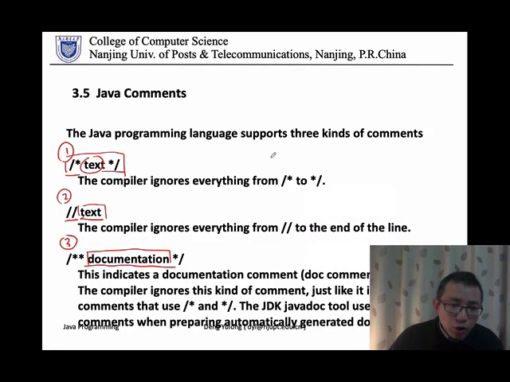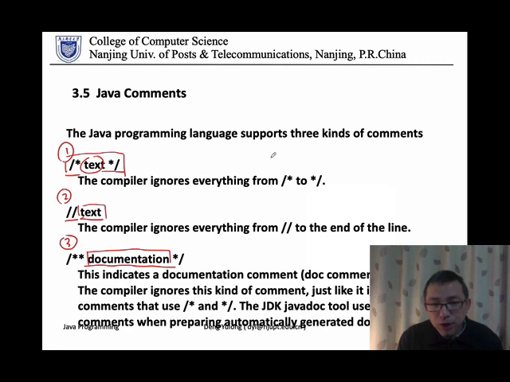Now, if we work on our own code and our own software, and we want the same format of documentation as the Java API documentation I showed you before, we can finish this task using Java documentation comments.